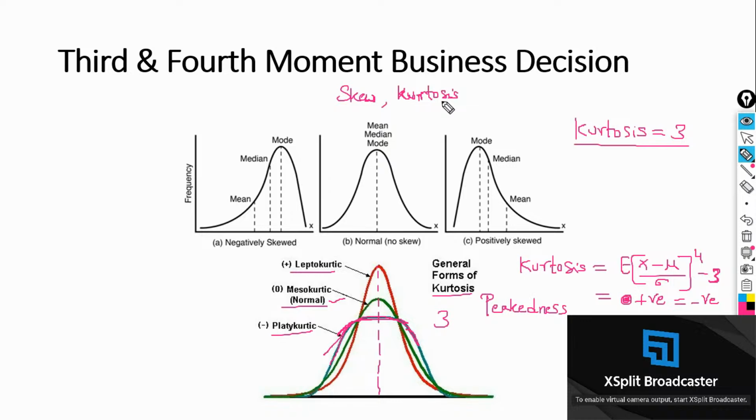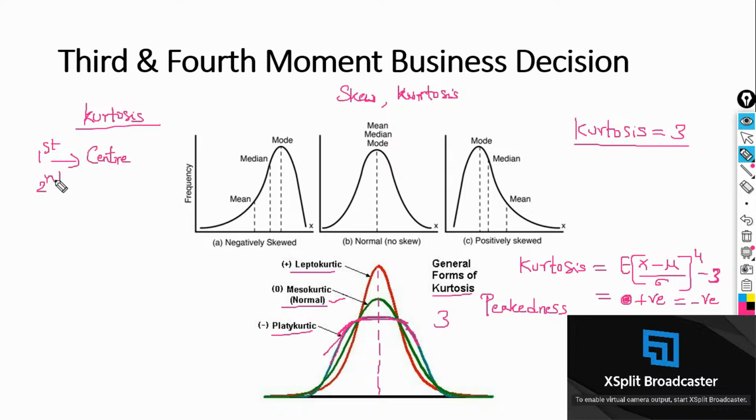I'll repeat it one more time. Let me go from the basics. The first moment captures the center value, the representative value.